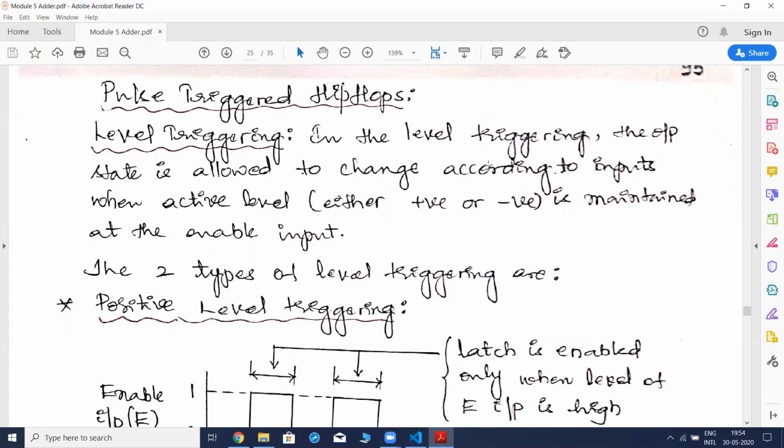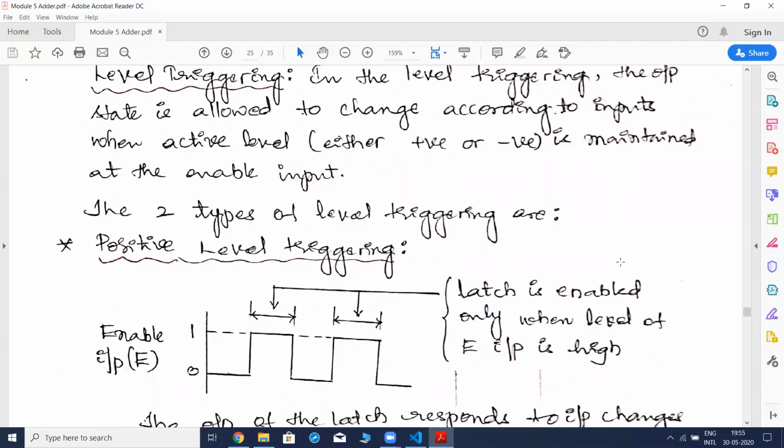First, let us see the meaning of level triggering. In level triggering, the output state is allowed to change according to the inputs when the active level is maintained at the enable input. If it is positive, then it is positive level triggering. If it is at 0, then it is called negative level triggering.